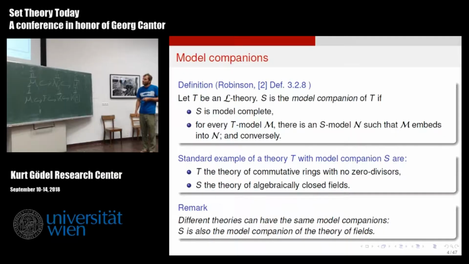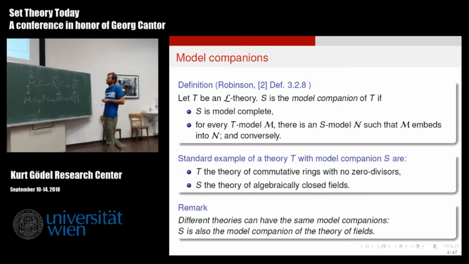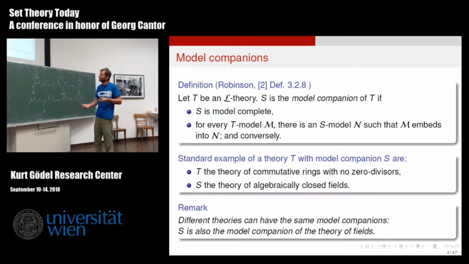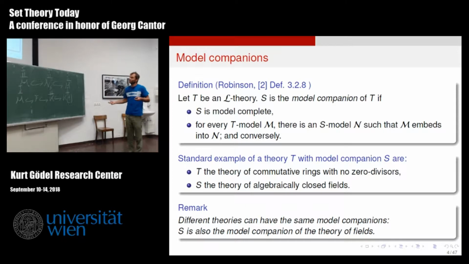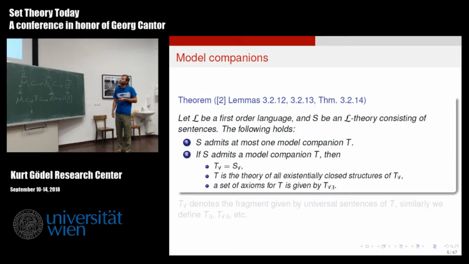Okay? Also, a thing to notice is that different theories can have the same model companion. For example, I could have taken S to be the theory of fields, and I would have ended up with the same model companion. Okay.